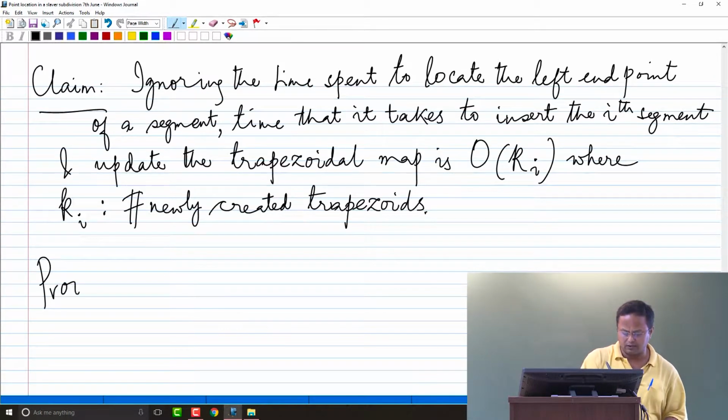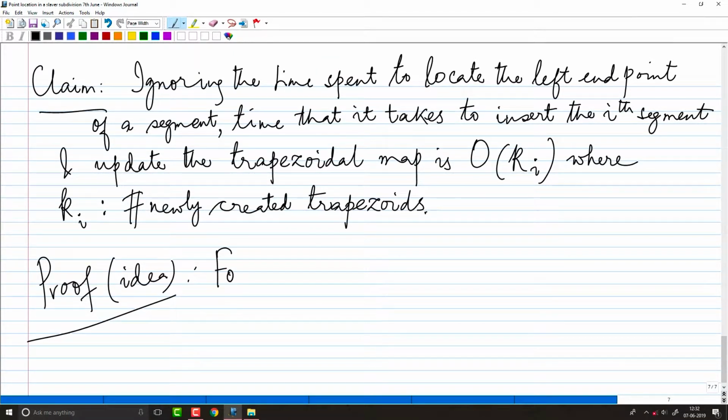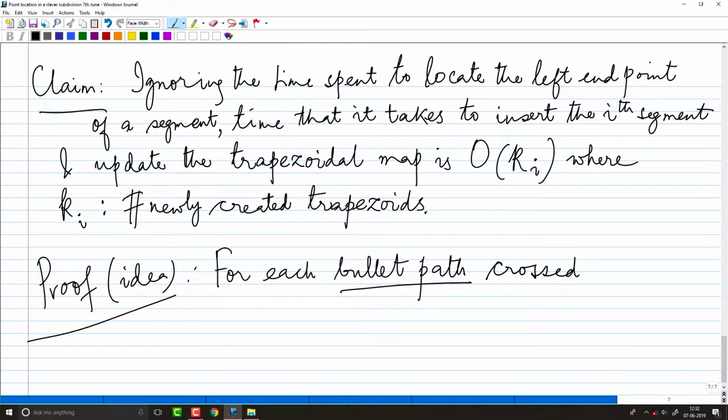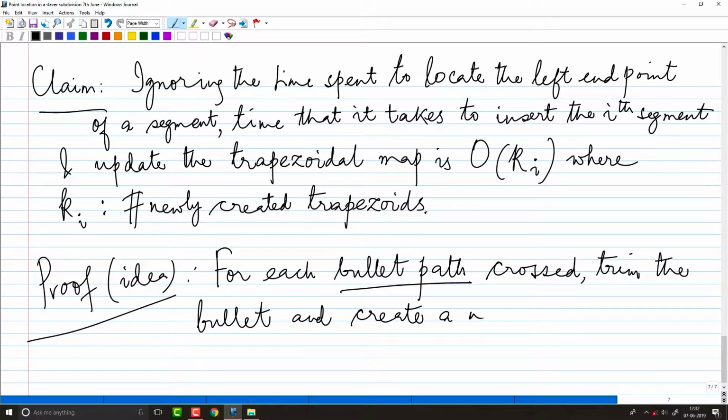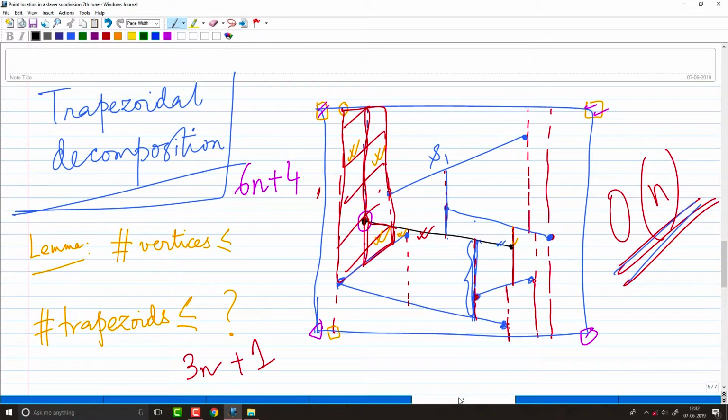So, the proof idea is nothing but, essentially, if you have seen earlier, when I had inserted this black line segment, what was it?